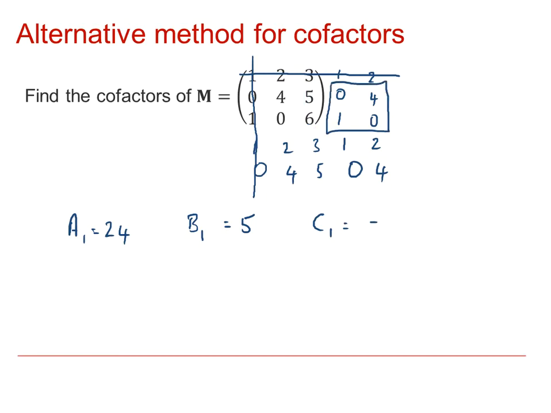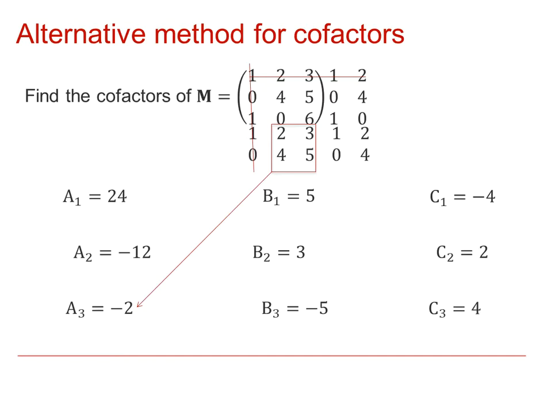And again, the negative sign is handled for us. So there we have all of the cofactors for the matrix. And notice, for example, I've just illustrated there that the determinant of that one there is 10 minus 12, which is negative 2. So A3 is negative 2.